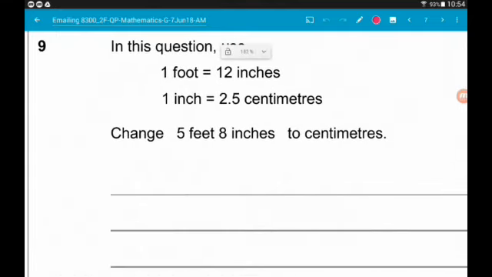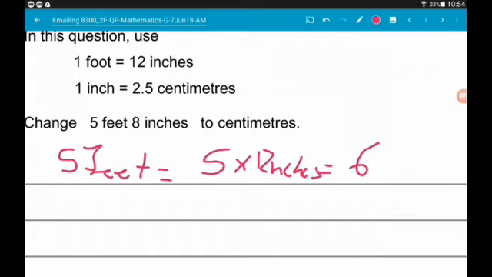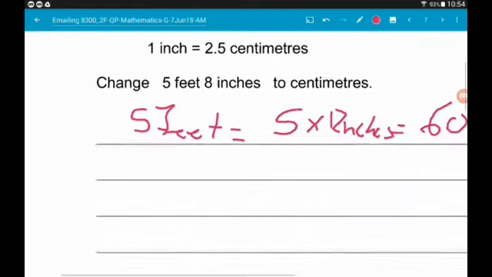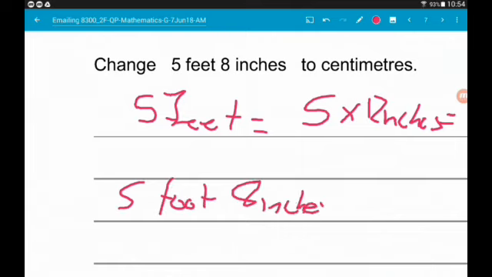So 5 feet is 5 times 12 inches, which is 60 inches. So 5 foot 8 inches is 68 inches.